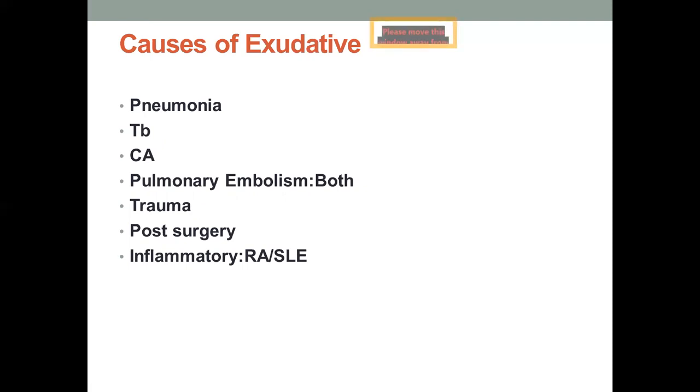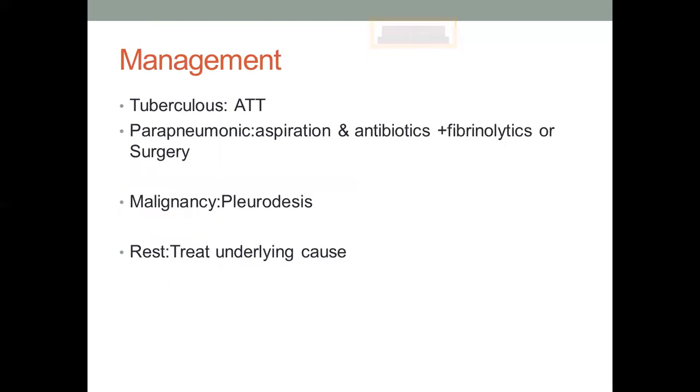And trauma, because in trauma there will be hemothorax, blood, so that is exudative pleural effusion. And post surgery, there will be exudative pleural effusion. And also inflammatory and connective tissue diseases, like RA, rheumatoid arthritis, and SLE, there will be exudative pleural effusion.